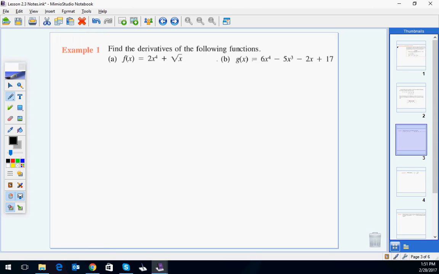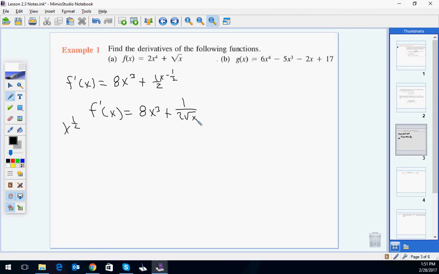It just means that when I'm doing 2x^4, the derivative of 2x^4 is 8x^3, right? Everybody okay with that? The 8x^3, I hope that's the automatic one. Root x, a little more difficult. We want to write it as x to the 1/2, drop the 1/2, so it's going to be plus 1/2, and then x to the negative 1/2, which we can also write as 1/(2 root x).